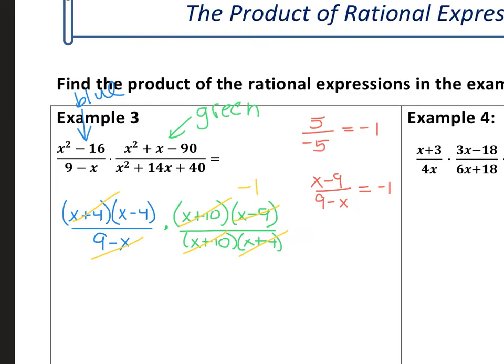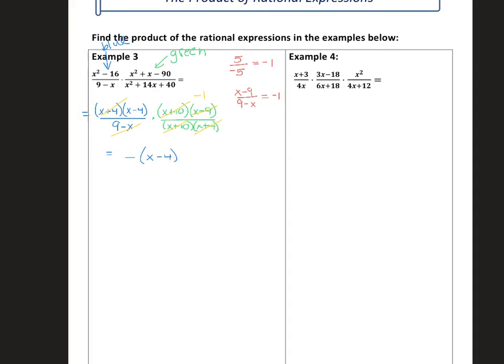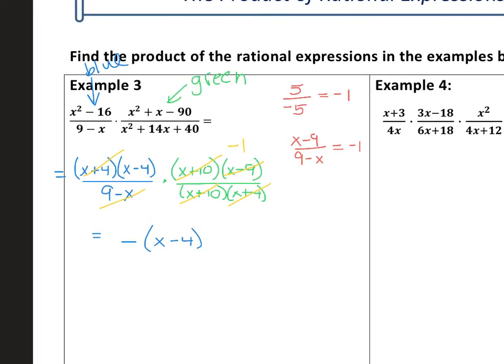And we're done. So our final expression left is a negative 1 out front times x minus 4. And you could distribute that negative 1 if you wanted to. Now, what domain do I have to exclude? So as we mentioned earlier, we have to exclude anything that's going to cause a 0 in the denominator. You could see positive 9 will definitely cause a 0, negative 10, and negative 4.